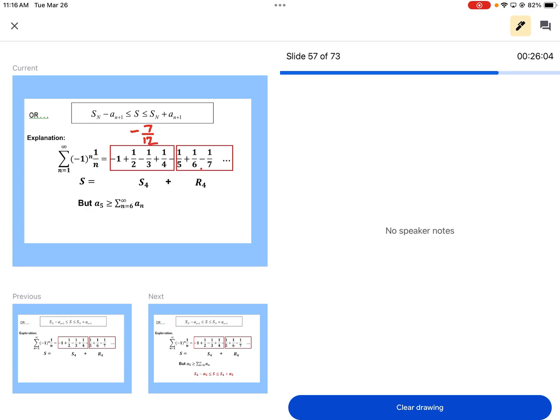Yes? So here is what this whole thing tells us. We know for a fact that the true sum of this falls between -7/12 minus 1/5 and -7/12 plus 1/5.